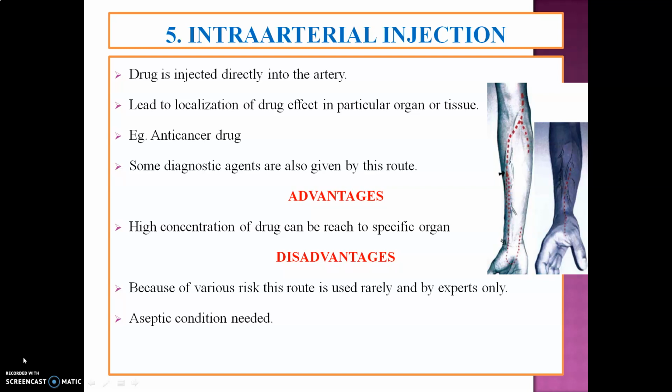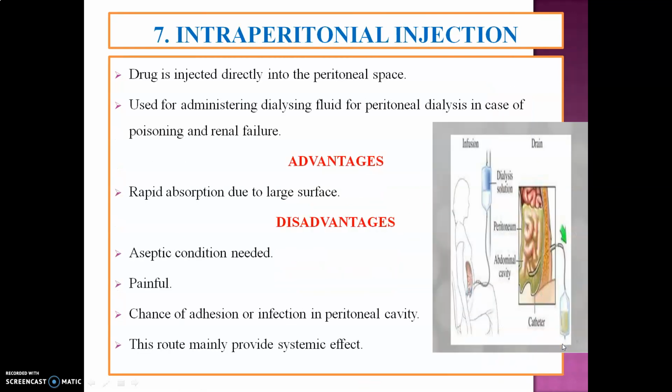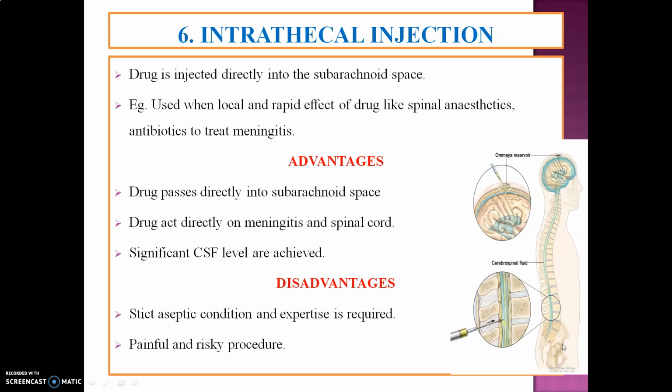So we'll go for the sixth type of injection, which is intrathecal injection. What is intrathecal injection? The drug which is injected directly into the subarachnoid space is called intrathecal injection. You know what the subarachnoid space is? The space present in between the meninges, the layers of your brain, is called the subarachnoid space.